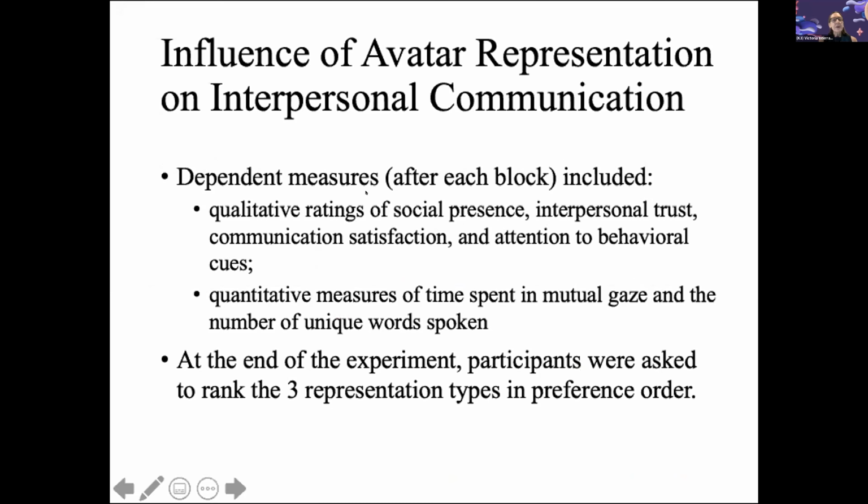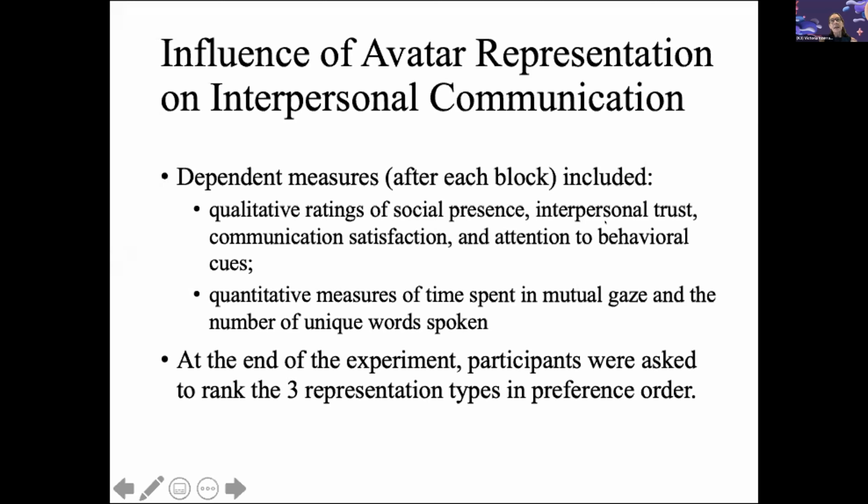So after every block, we gave people surveys about how they qualitatively rated their level of social presence with the avatar, their level of interpersonal trust with the avatar, their satisfaction with their communication with the avatar, and their attention to behavioral cues.